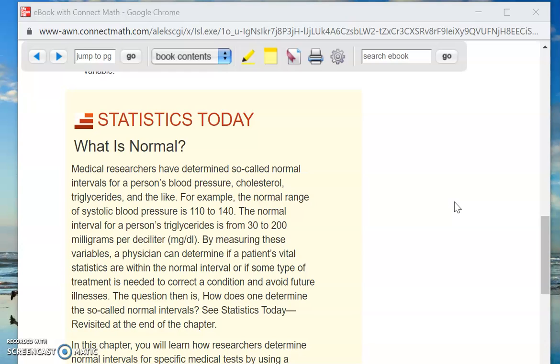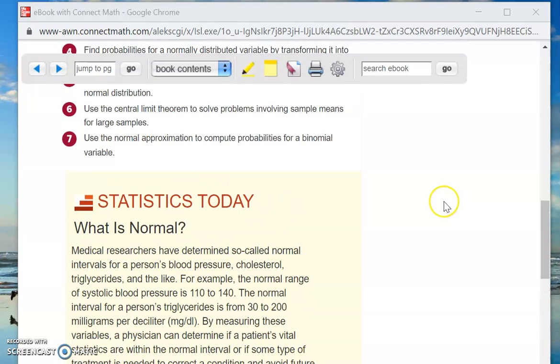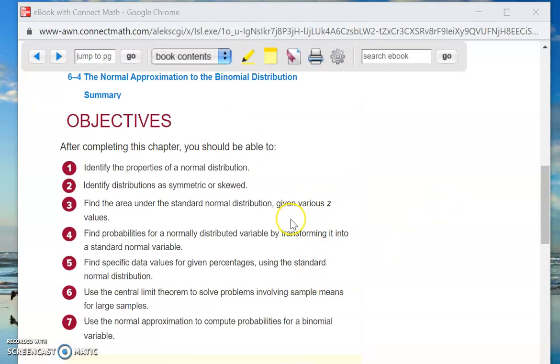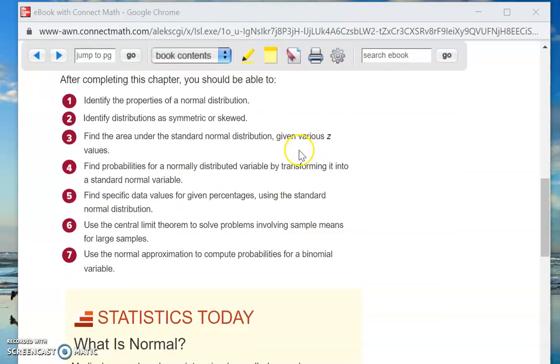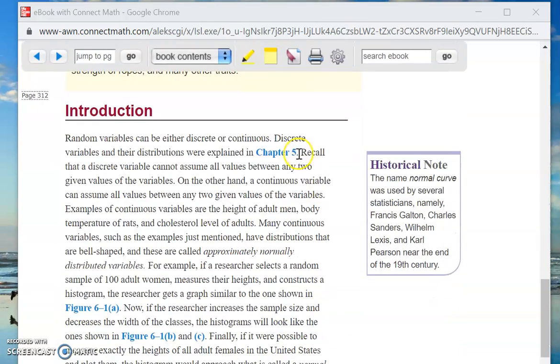Another common expression is a bell-shaped curve, a bell-shaped distribution. I would say normal distribution is pretty much the most common expression. Okay, so read the objectives, please.